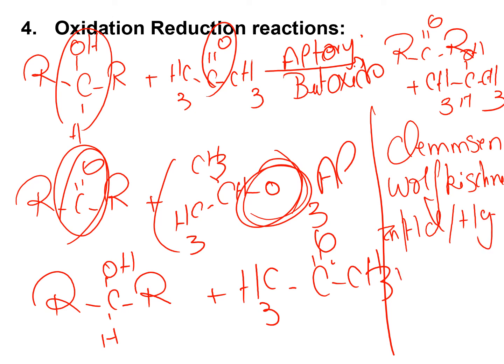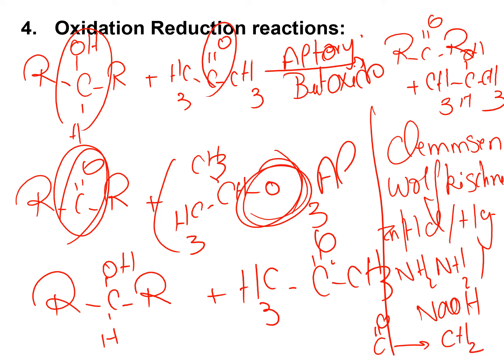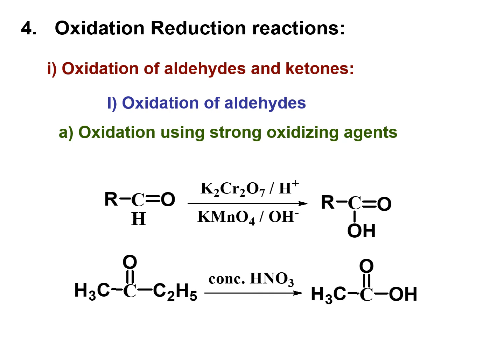And in the Wolff-Kishner, you used hydrazine in presence of sodium hydroxide, and in both cases you converted a carbonyl into a CH2. So you were converting carbonyl compounds into alkanes.